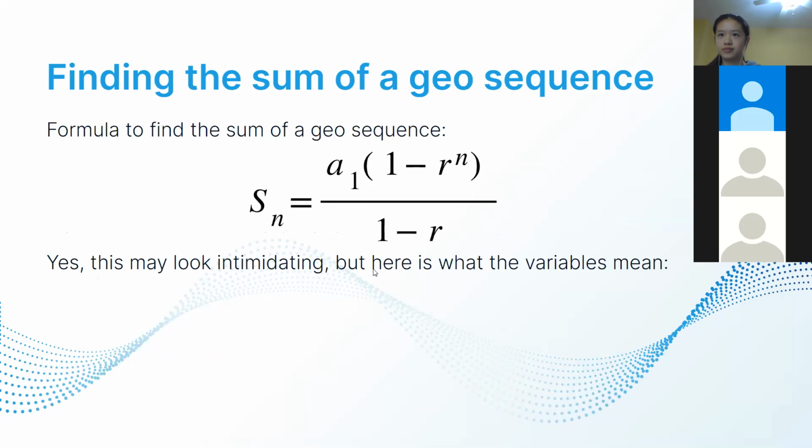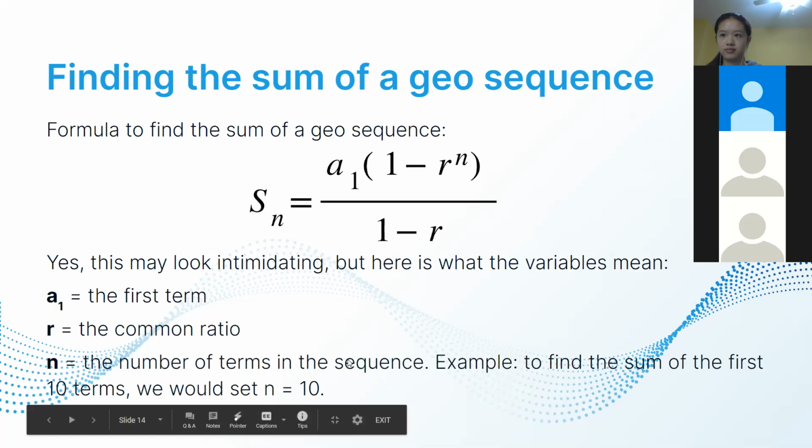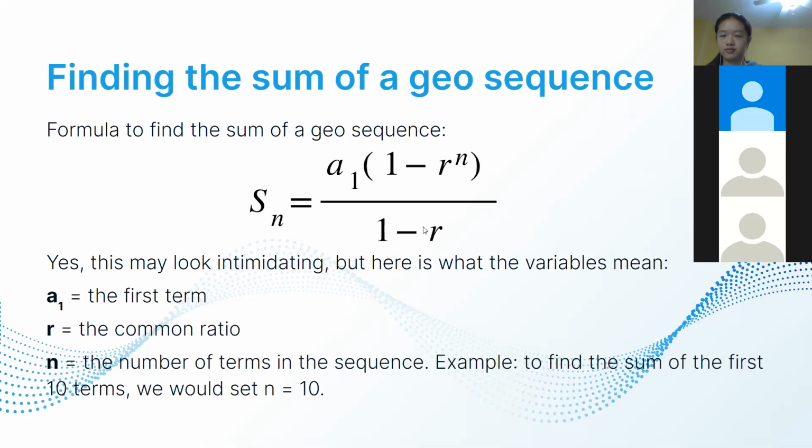So basically the A1 is the first term in the sequence, right? And then 1, well, everyone knows what 1 is. And then R is the common ratio, and N is the number of terms in the sequence. So that's just our numerator. And then our denominator is 1 minus R. An easy way to remember this is, there's going to be 1 minus R in the numerator and denominator.